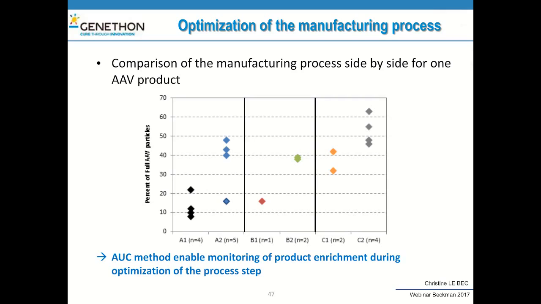We use this for different types of process changes. So the AUC can give you a monitoring of the product enrichment during the optimization of the process. So you can choose in that case the process from the yield and also from the ratio of full and empty particles and the percent of intermediate species.